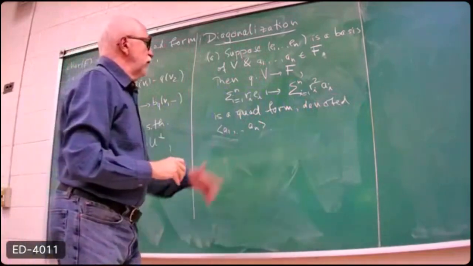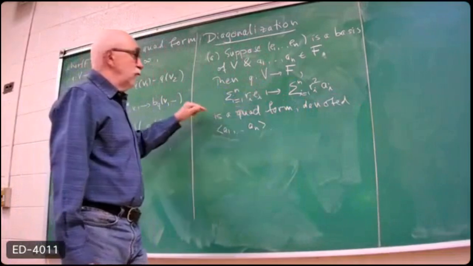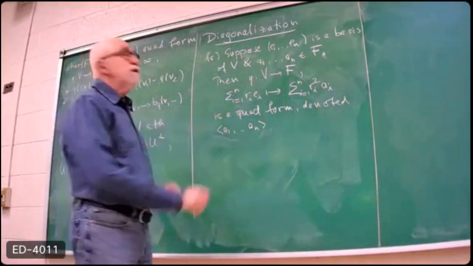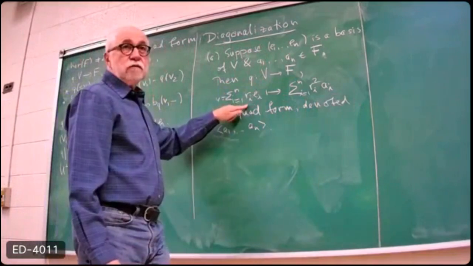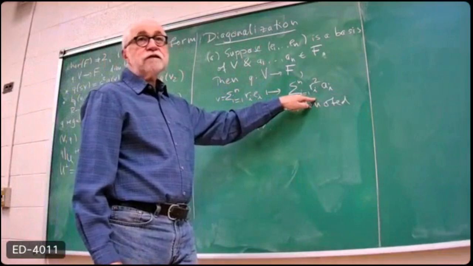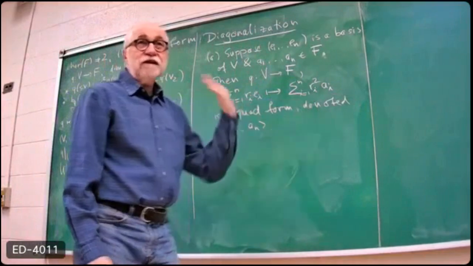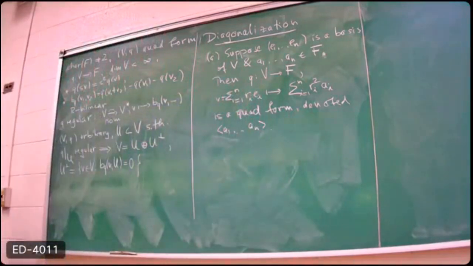This is a quadratic form because if you multiply by a scalar s, it goes into each r_i, then it goes up to the square. So all the factors have s squared. So at least it satisfies the first defining property.